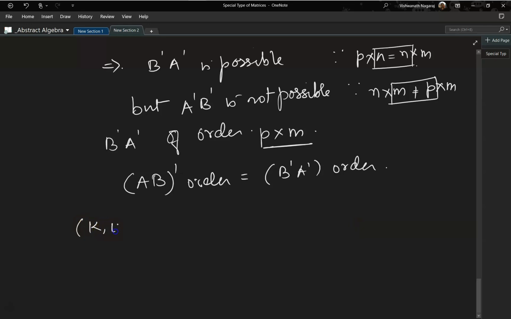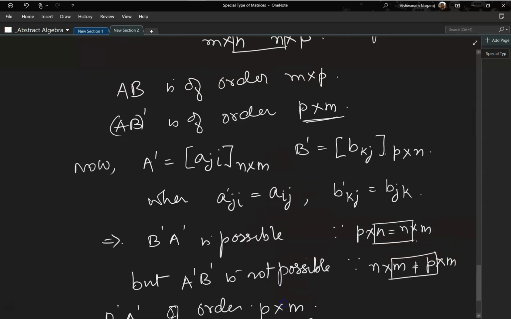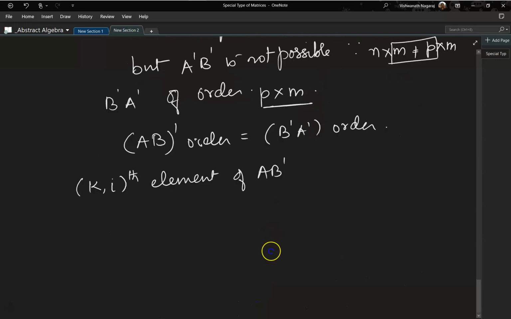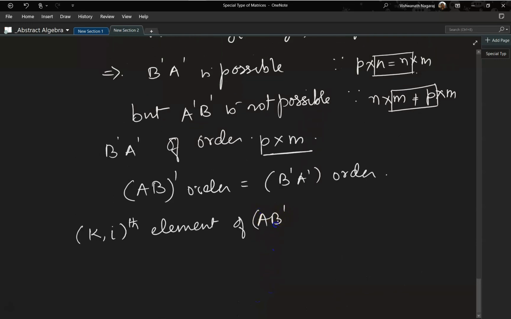So the k, ith element of (AB)'. See, here we said i, k, but here we are talking of the transpose, so that is why the k, ith element of (AB)' is equal to the i, kth element of AB.